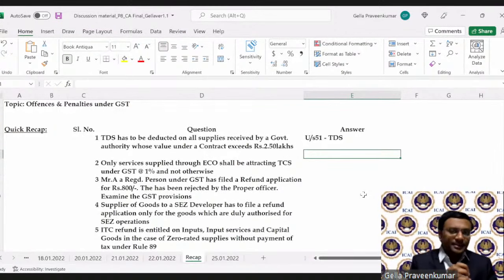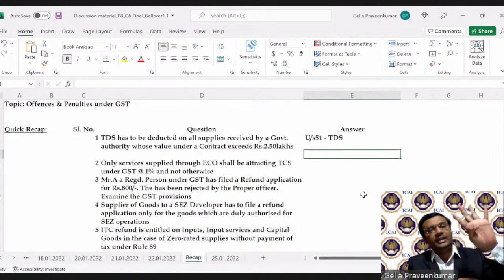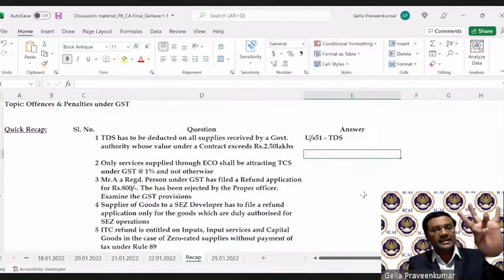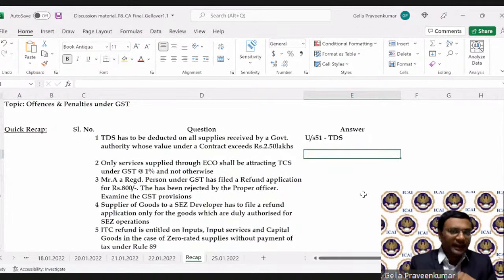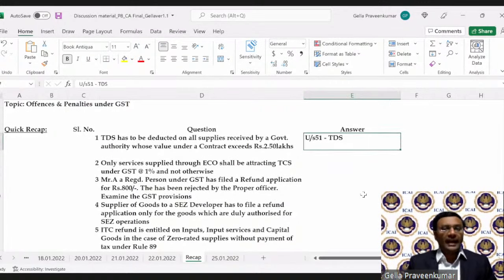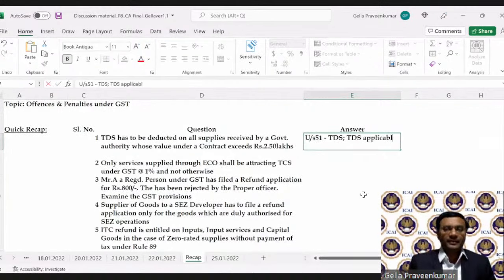Under TDS provisions, there are 4 sets of people: government authorities, government agencies, government offices, and notified people. These 4 sets of people mentioned in section 51 are supposed to deduct TDS. Now, to answer this question, we will say that TDS is applicable on taxable goods or services.